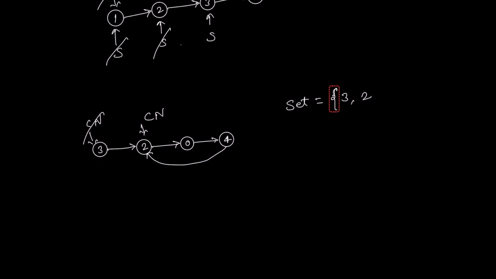2 is also not in the set, so we put 2 inside the set. Go to the next pointer. This is current node 0, also not in the set. Go to the next pointer, 4, also not in the set. Now again we go to the next pointer. See here, the current node comes to 2, which is already inside this set.